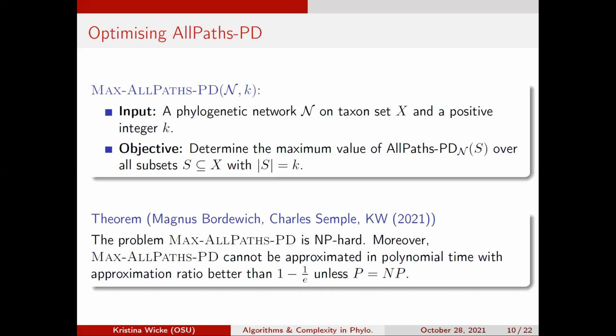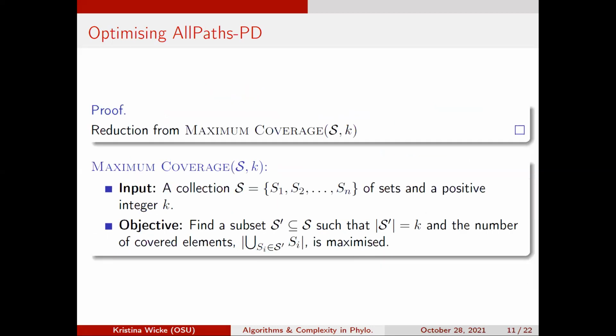And it turns out that this problem is NP-hard, and it cannot be approximated in polynomial time with approximation ratio better than 1 minus 1 over e unless P equals NP. And the way we prove that, I'm just going to give you the idea, I'm going to show you the gadget, is reduced from maximum coverage.